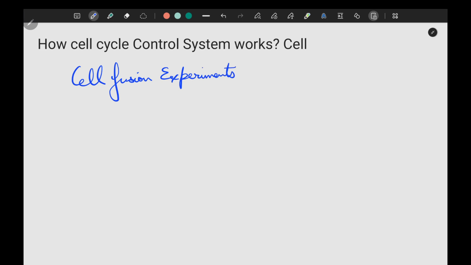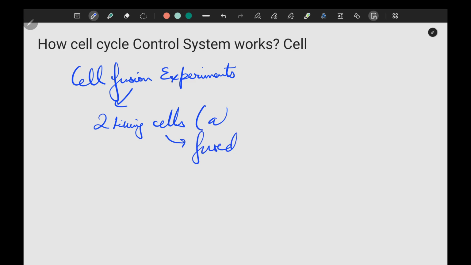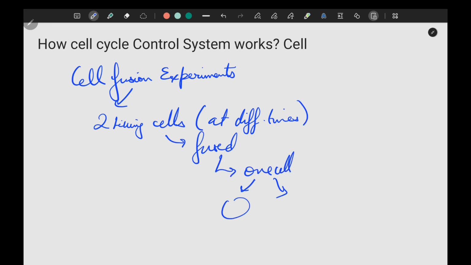At that time, two living cells were fused at different times to form one cell with two nuclei.